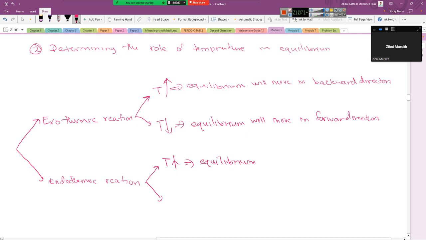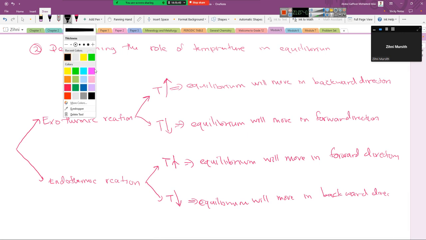And when we decrease the temperature, the equilibrium will move in the backward direction, right?